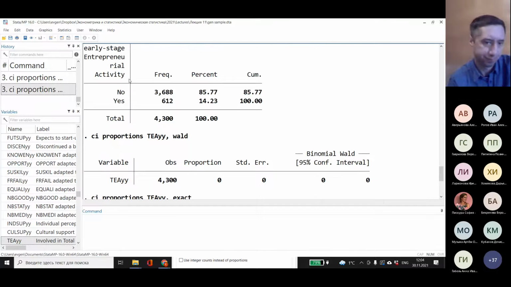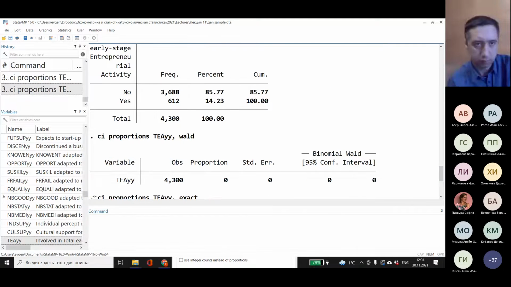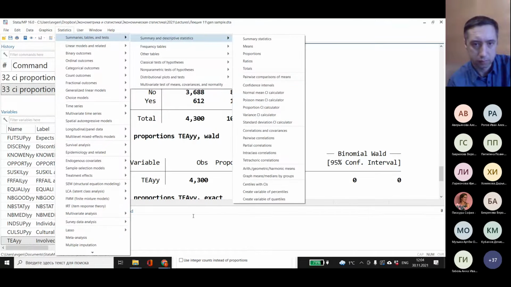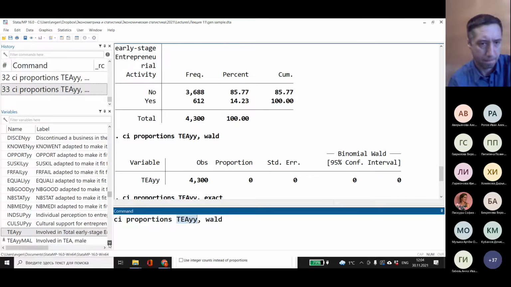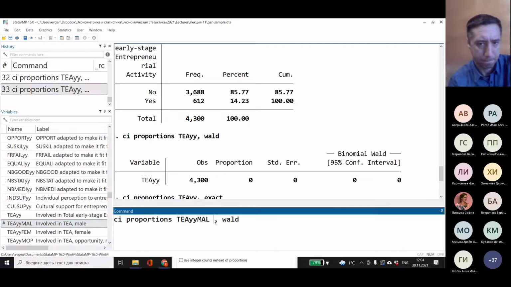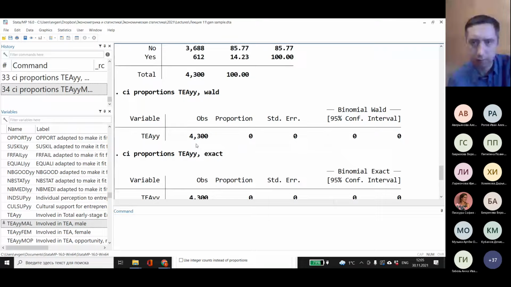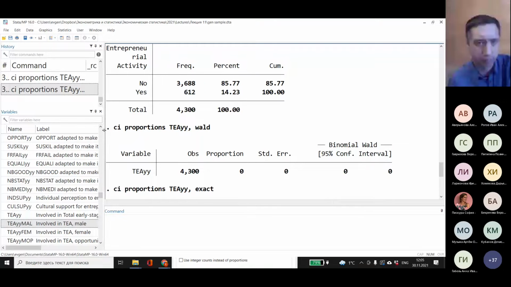Wait. So I'm not sure, but it seems that my Stata had a program error, because, well, it should work.